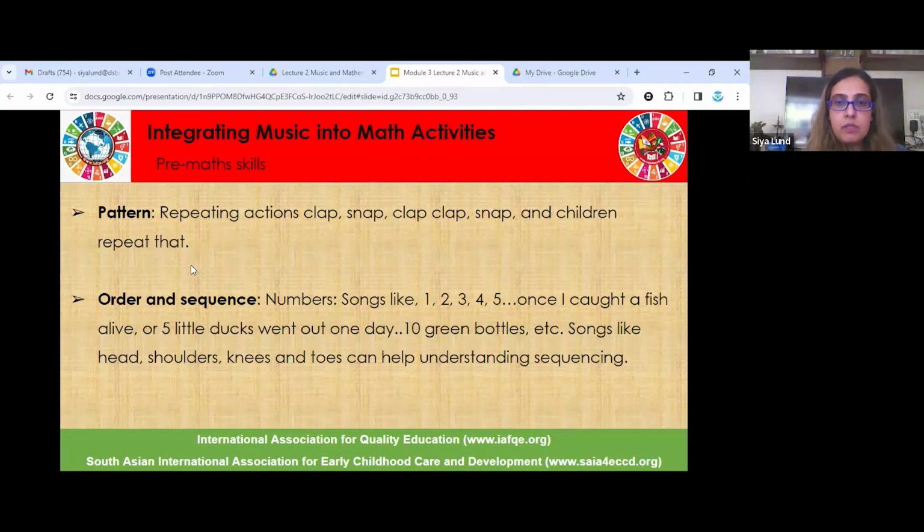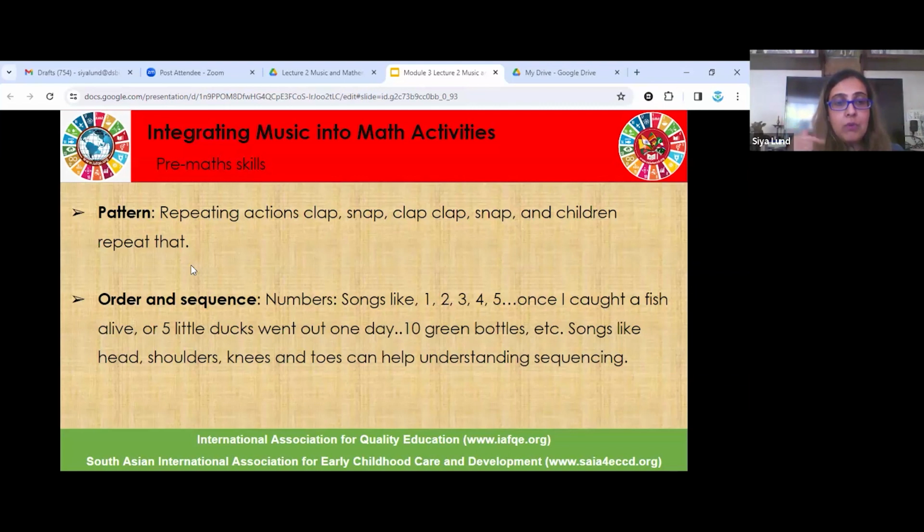So a lot of these subtle concepts go into the child's mind, and a lot of readiness is set for math in this way. Again, songs like head, shoulders, knees, and toes, like I said, for classifying, can also be used for sequencing, because that's how it goes, right? Head, and then shoulders, and then knees, and then toes.